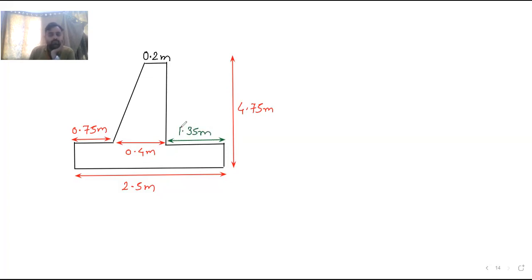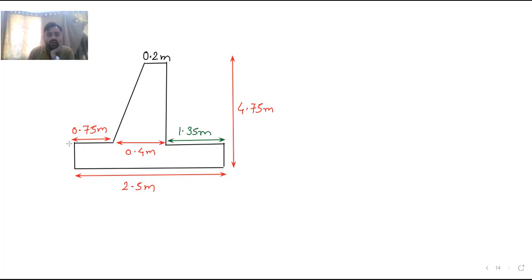Okay, so below ground level you know the height, and above ground level you know the height. Now we will provide the thickness of the retaining wall. Whatever thickness we have provided at the base of the stem, the same thickness we are going to provide for the slab also.